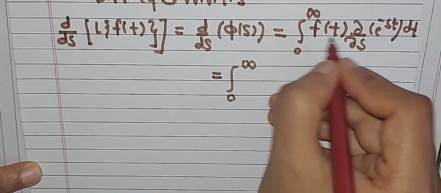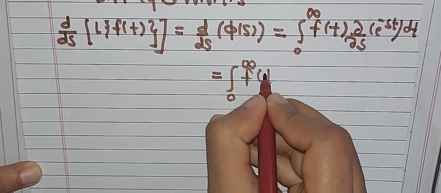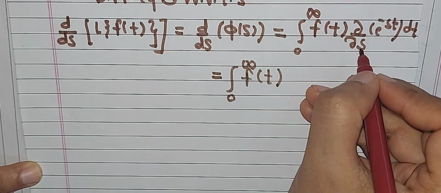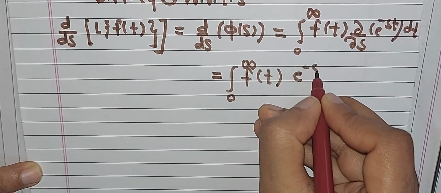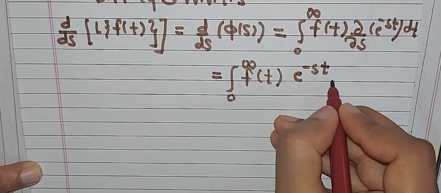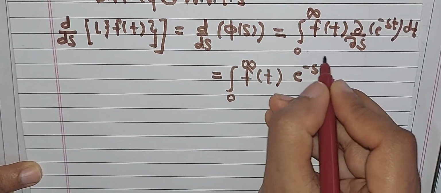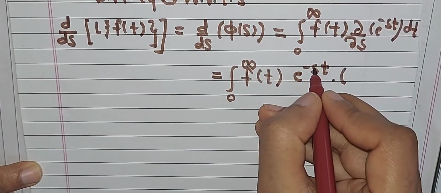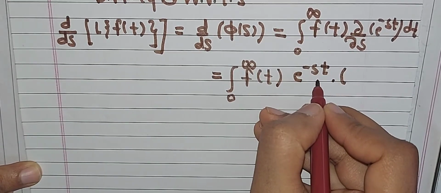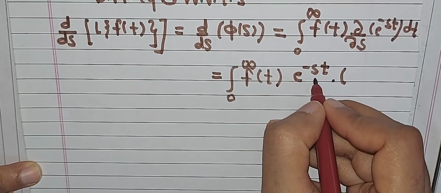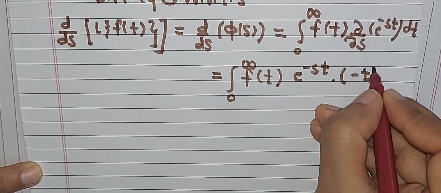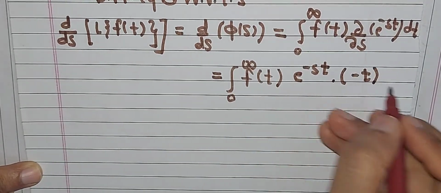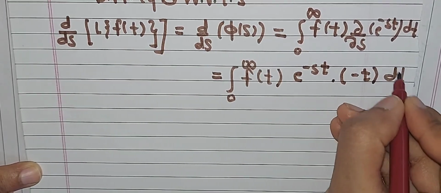There will be no change in the first term, therefore f of t we will take as it is, into dou by dou s of e raised to minus st. That means e raised to minus st we will keep as it is, into the derivative of this power with respect to s. Dou s by dou s cancel each other, the remaining term is minus t, therefore we will write minus t and dt as it is.